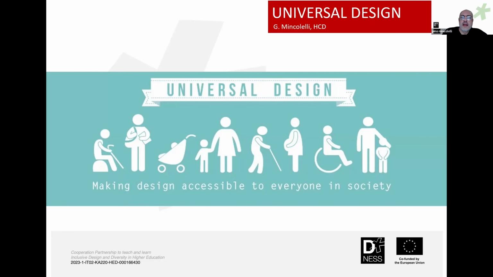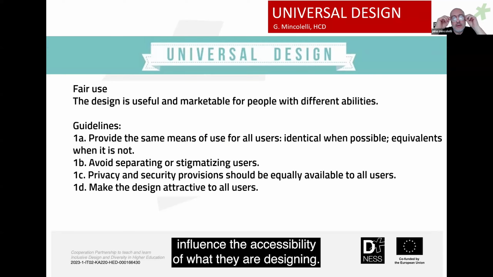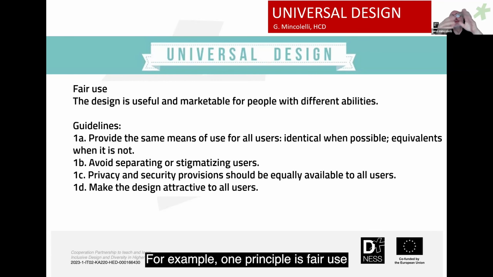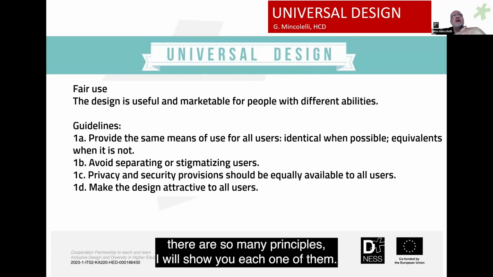And it's very good, for example, for designs made by people that are not socially concerned, because it makes them aware of all the factors that could influence the accessibility of what they are designing. For example, one principle is fair use. There are 7 principles. I will show you every one.